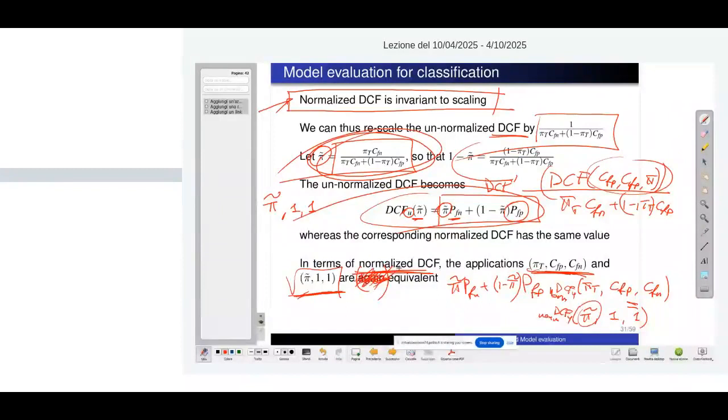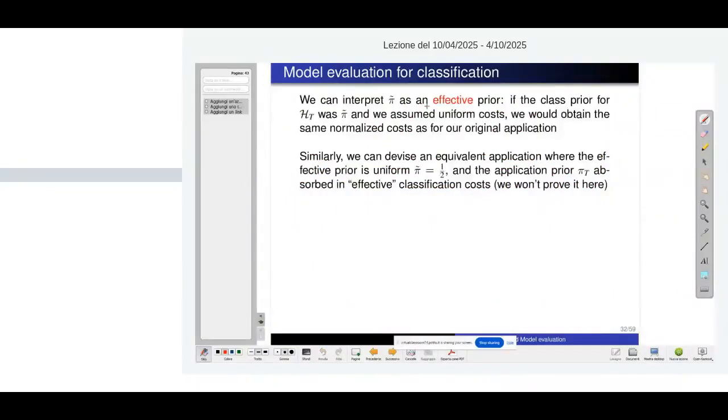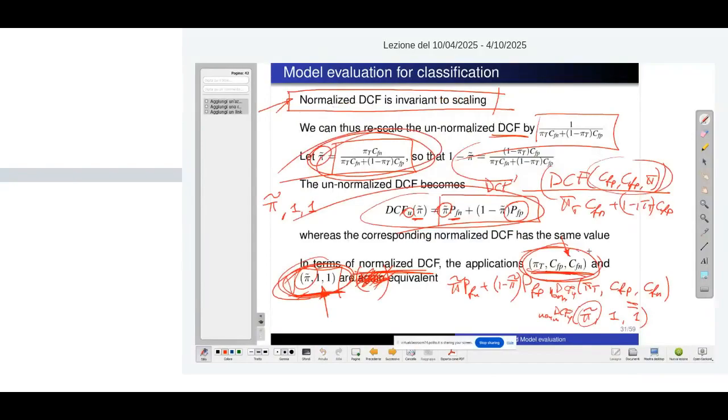But in terms of normalized DCF, these two applications are the same, which means that whenever we use normalized DCF to measure our performance, we can parameterize everything with a single value. This single value for binary problems is called effective prior. That is, if the class prior was the effective prior and we consider the cost to be uniform, then our performance would be the same as if we were considering the original prior with non-uniform costs.